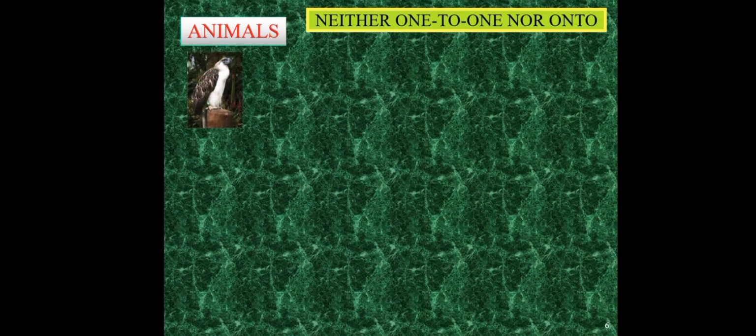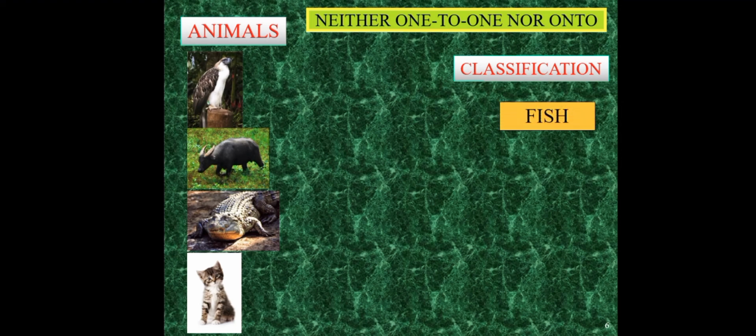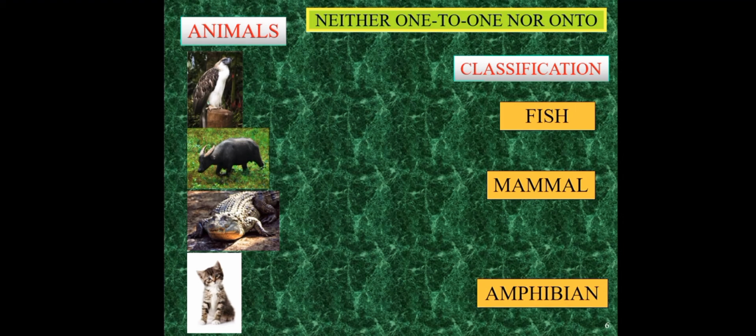So lastly, for neither one-to-one nor onto, in the category animals, or the domain, we have eagle, carabao, crocodile, and cat. While in the codomain, we have the classification fish, mammal, and amphibian.